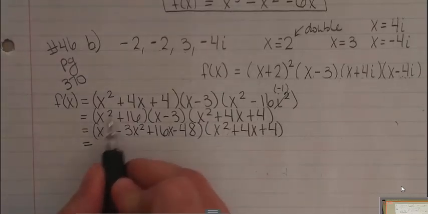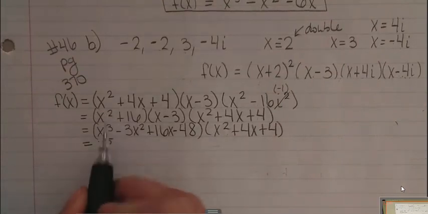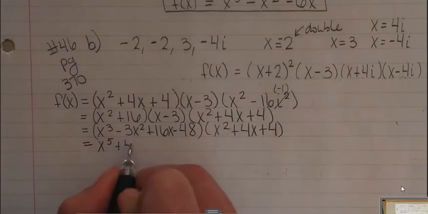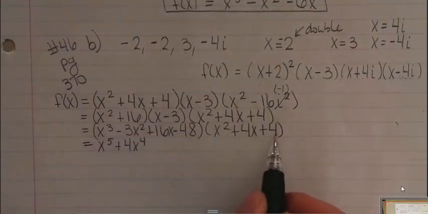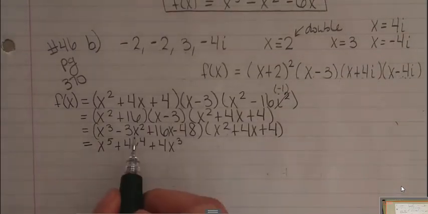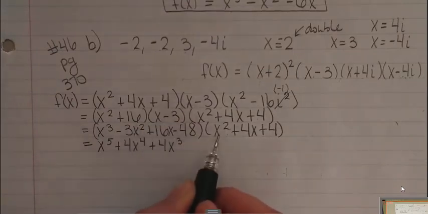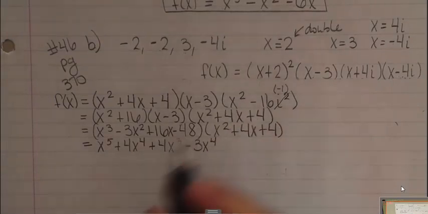So x cubed times x squared is going to be x to the 5th. x cubed times 4x is positive 4x to the 4th. x cubed times 4 is positive 4x cubed. Negative 3x squared times x squared gives me negative 3x to the 4th.